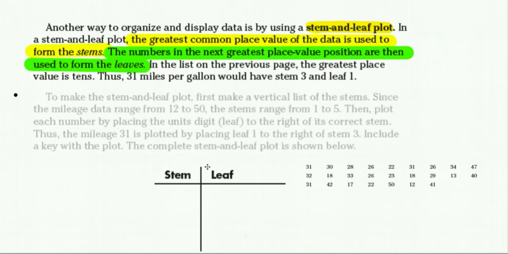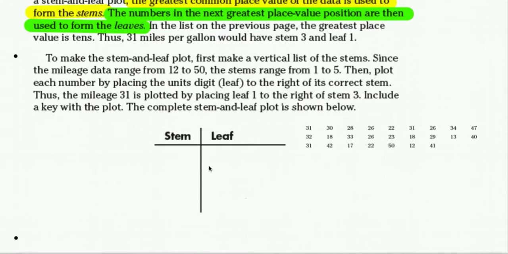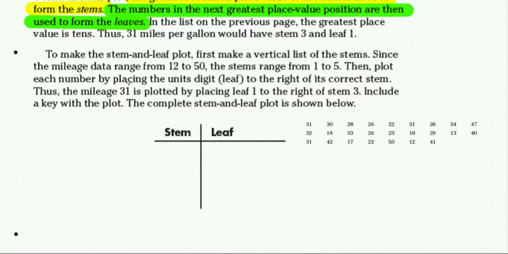Let's click on that one at a time. There you go. Those are our stems, 1 to 5. It says there, then plot each number by placing the units digit leaf to the right of its correct stem.